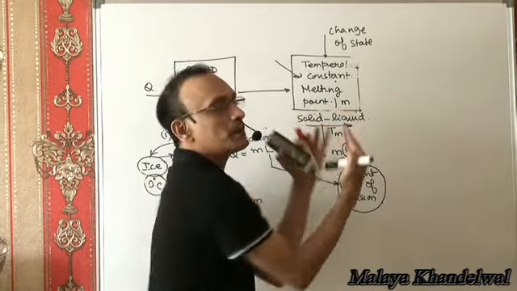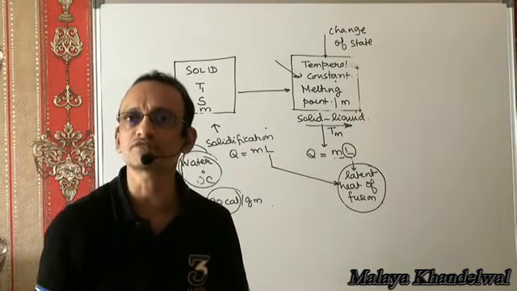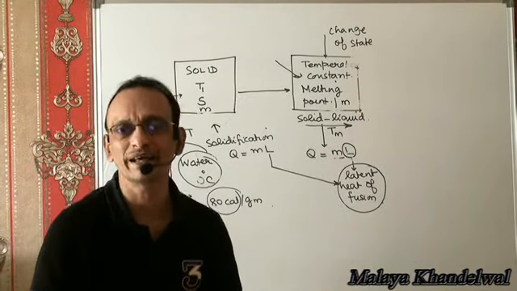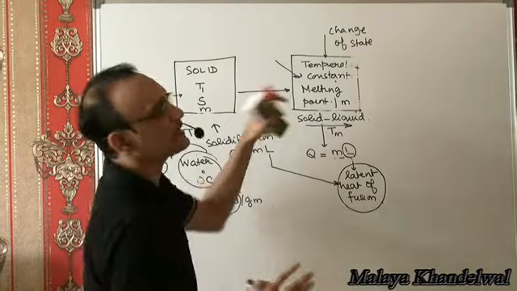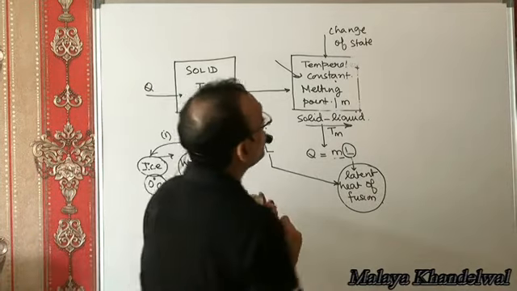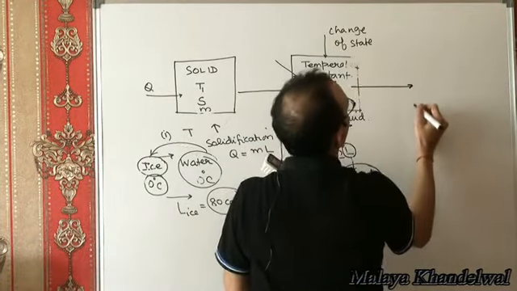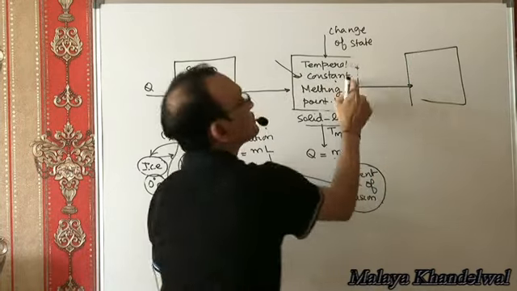After you have supplied it enough heat to change state from solid to liquid, now you have liquid at the melting point. Now if you supply more heat, the temperature of this liquid will rise.